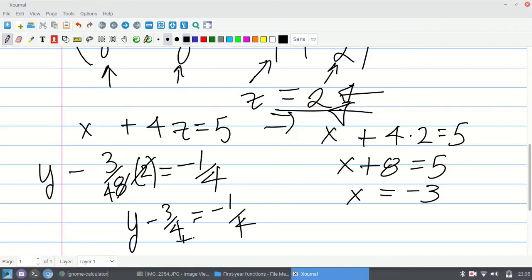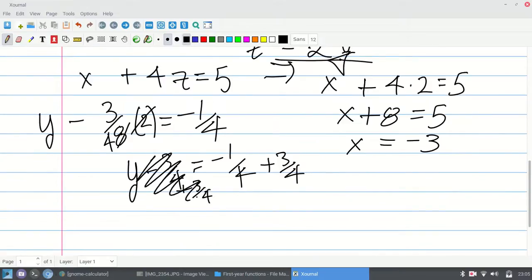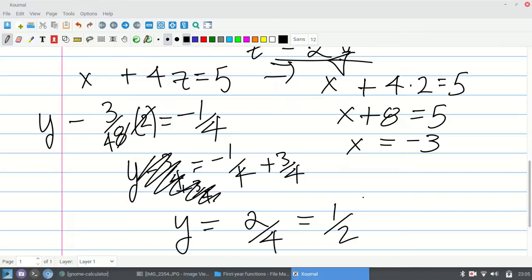So add 3/4 to both sides. These 3/4 will cancel, and I get y equals 2 over 4, which amounts to 1/2. So y equals 1/2, x equals negative 3, and z equals 2, and that's my solution set.